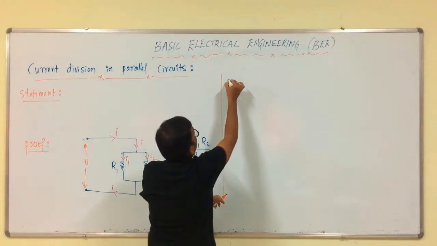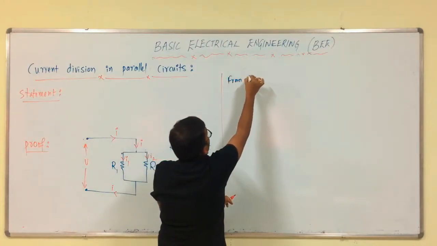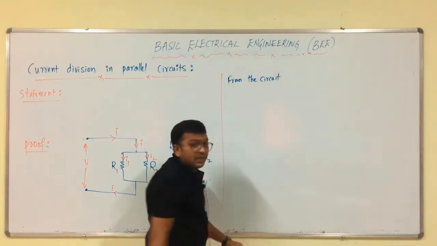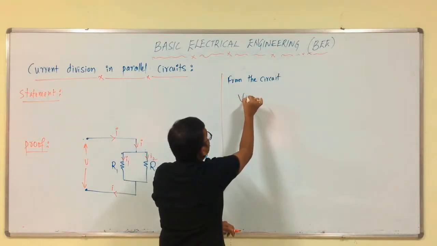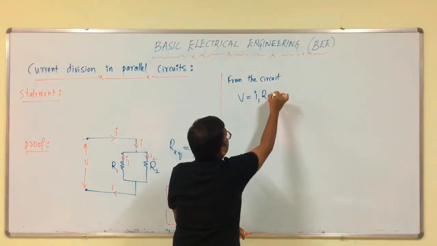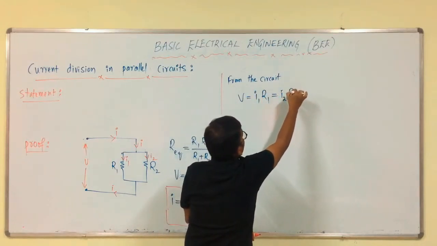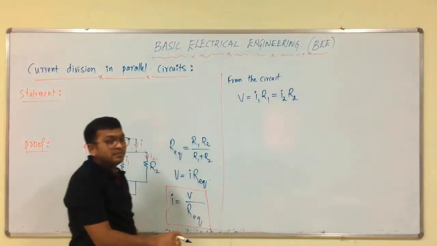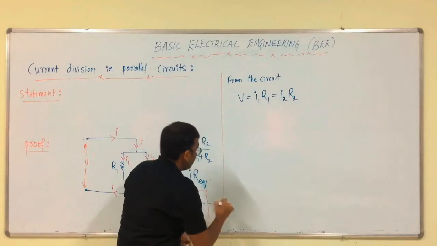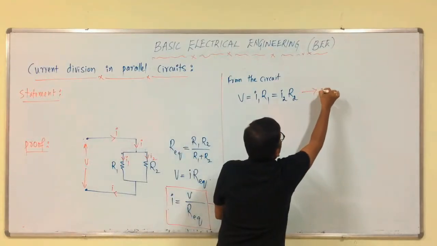So, from the circuit, supply voltage is equal to I1 into R1, which is equal to I2 into R2. So, this is 1 and this is 2.